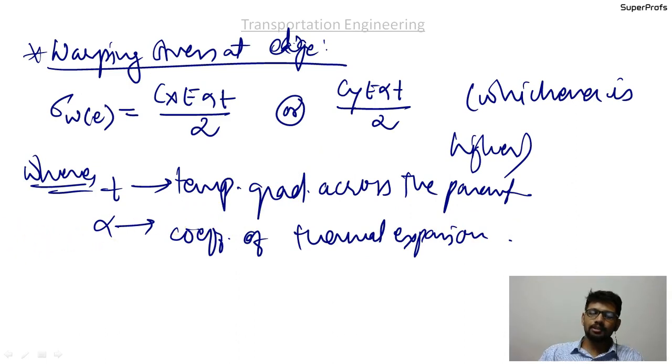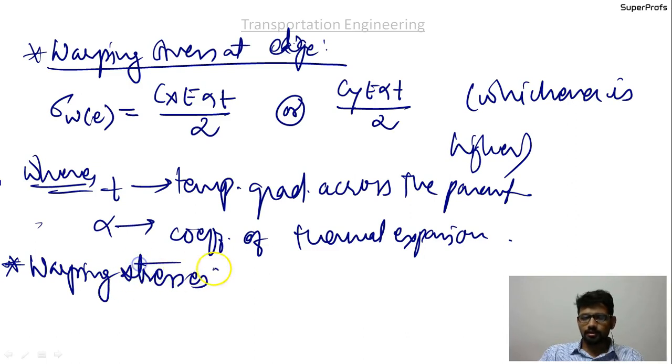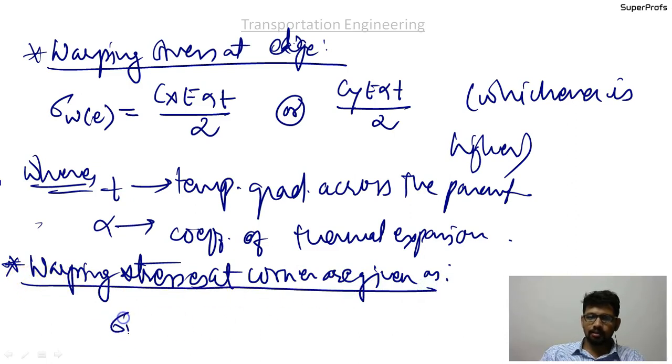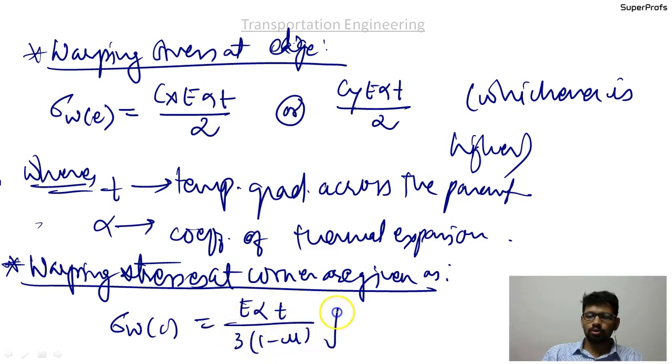Warping stresses at corners are given as sigma w at corner equals E alpha T upon 3 times (1 minus mu) root of a by l, root of a by l.